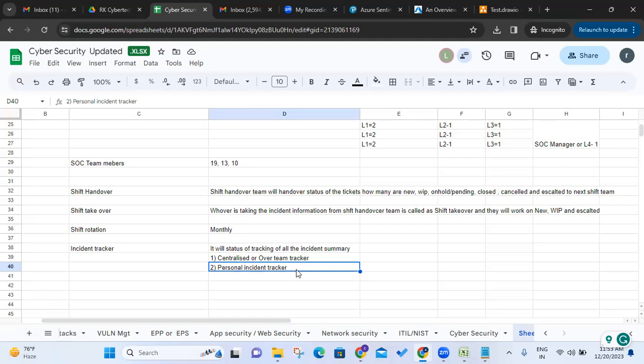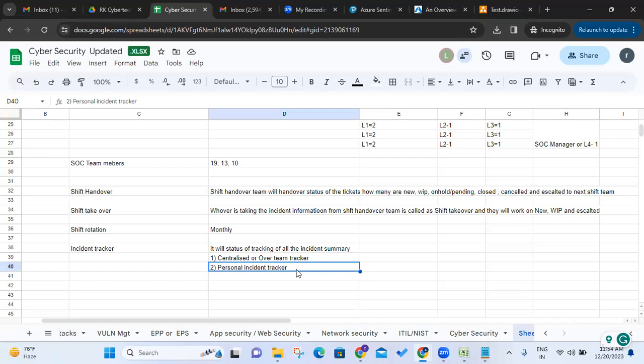That's why it's better to maintain a personal incident tracker, because for one year of hard work we have to discuss in one-to-one sessions of 30 minutes, and a couple of times only 15 minutes. In 15 minutes, if you don't have the proper data, how can you prove to your manager the work you have done? Clear? So that is the reason it's better to maintain your own incident tracker.